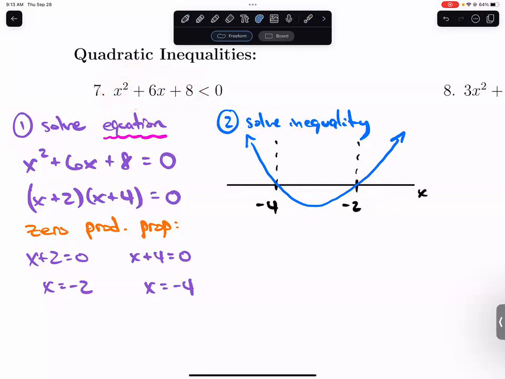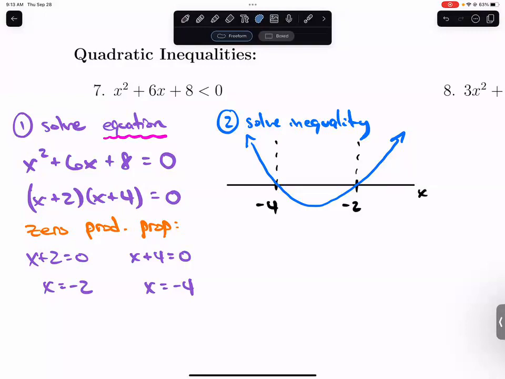The question is, where is the function less than 0? Well, here's the x-axis. That's y equals 0, right? So what does it mean to be less than graphically? Above or below? Below, right? Less than, below. So where is this inequality true? Here.